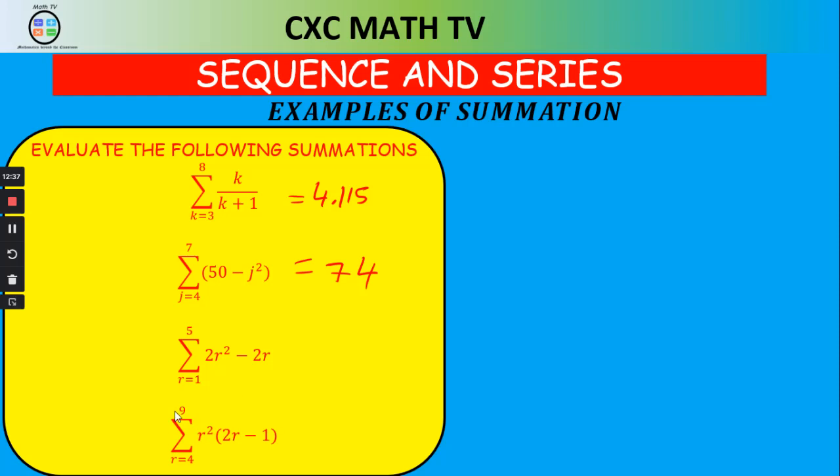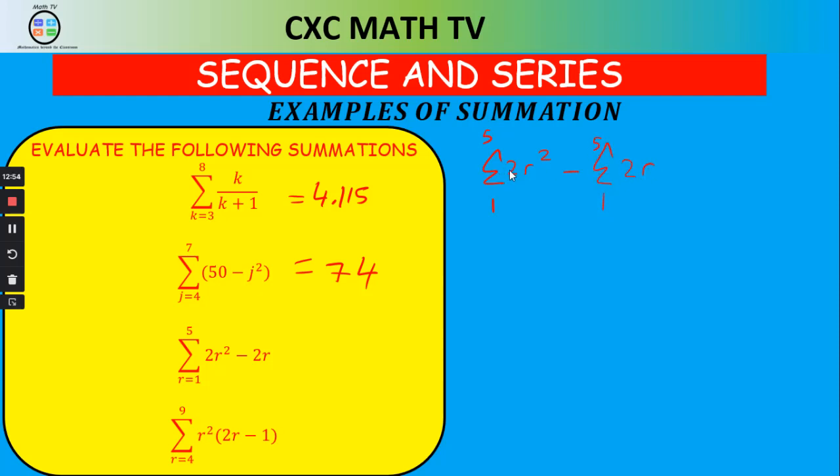Next one now, we're adding from 1 to 5, right? Remember you can always separate it. You can break it up as the sum from 1 to 5 of 2r squared minus the sum from 1 to 5 of 2r.